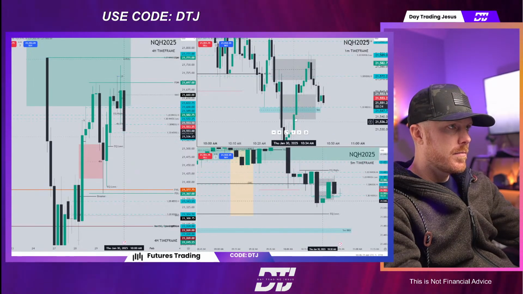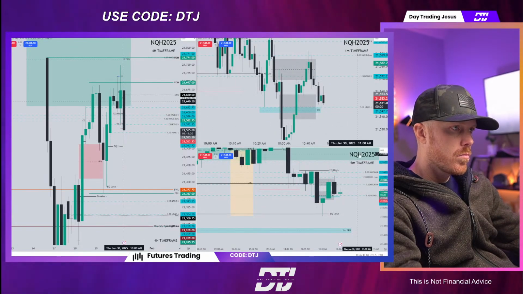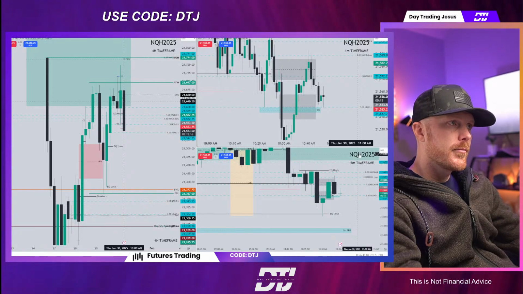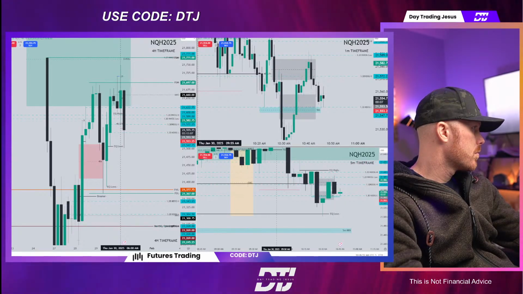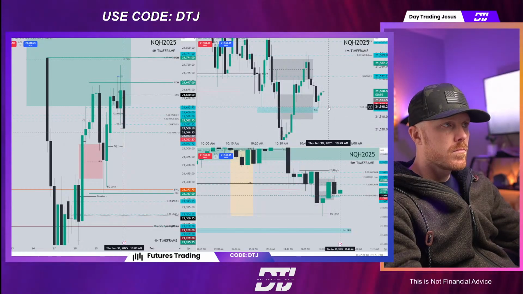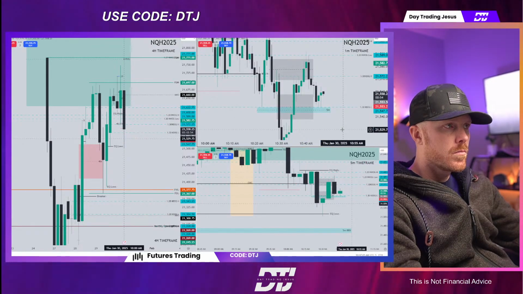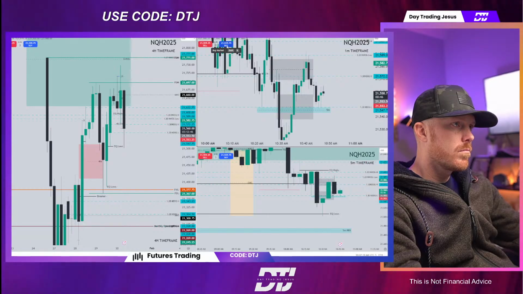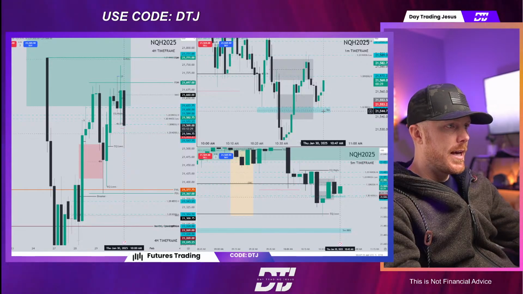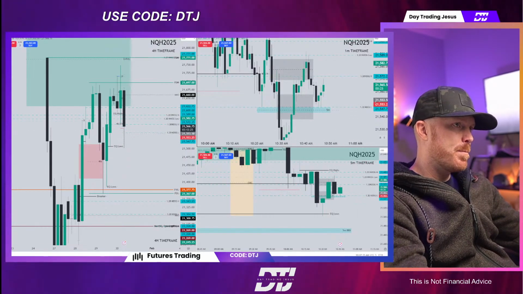And we have another fair value gap down here. Nice tag of this 5-minute fair value gap, or inversion fair value gap, right here.